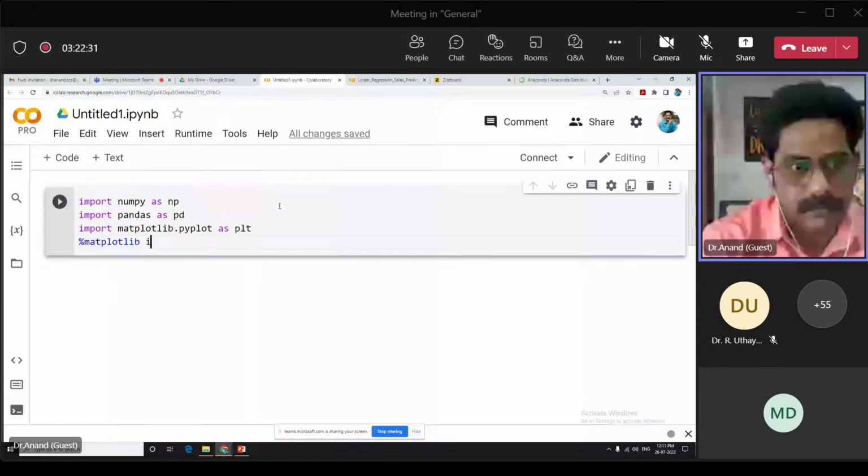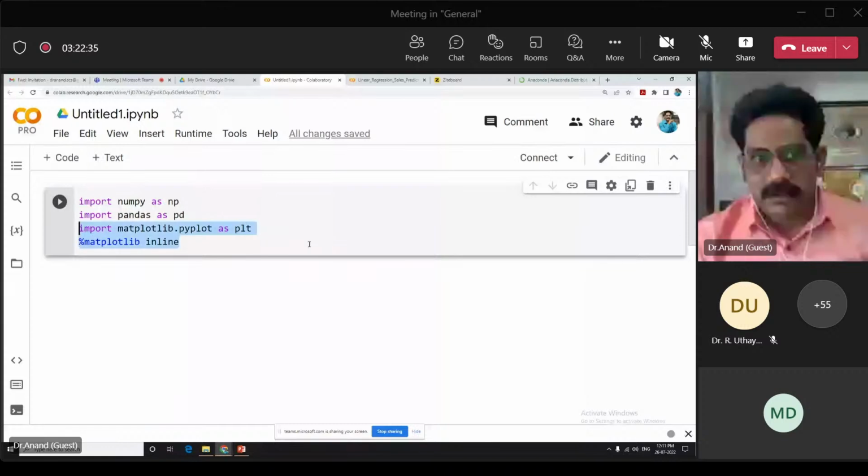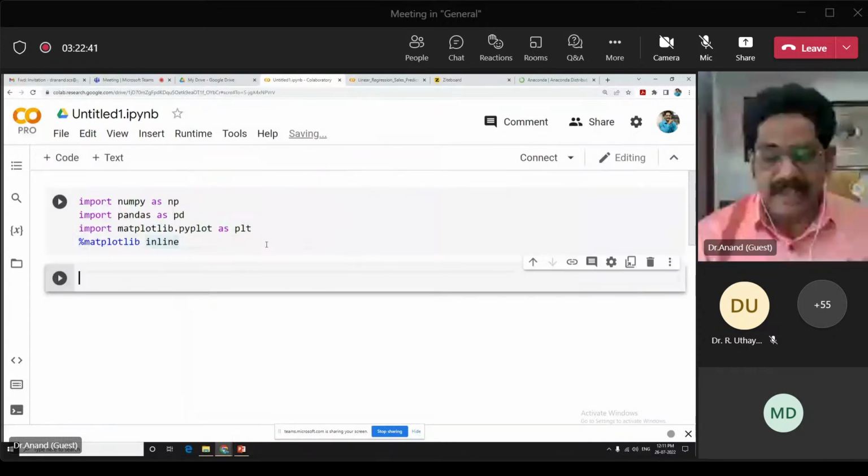The last two lines are mainly for plotting purposes. This percent matplotlib inline is there because Jupyter is an inline editor.